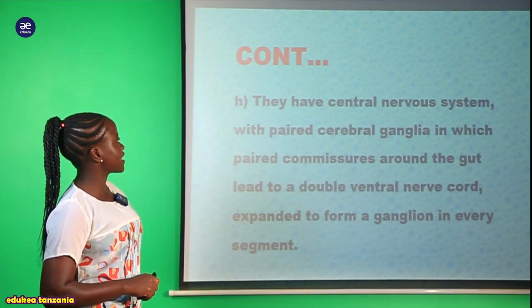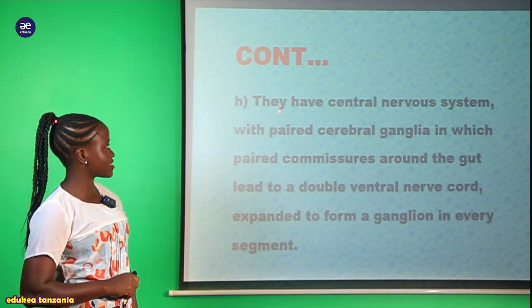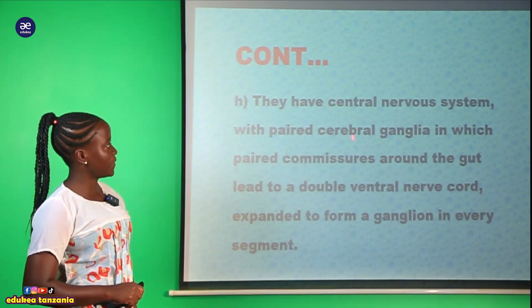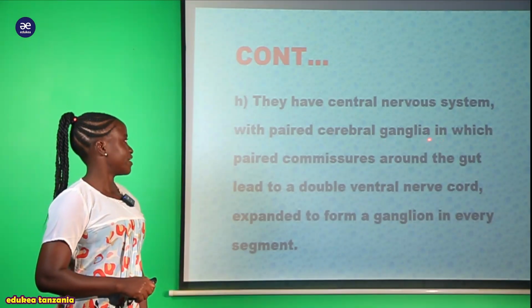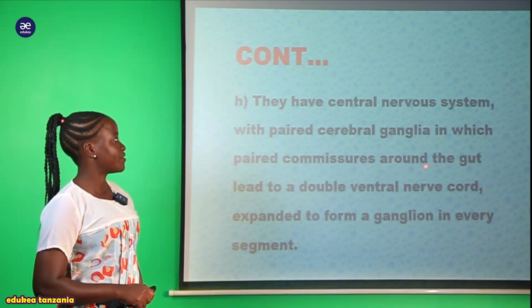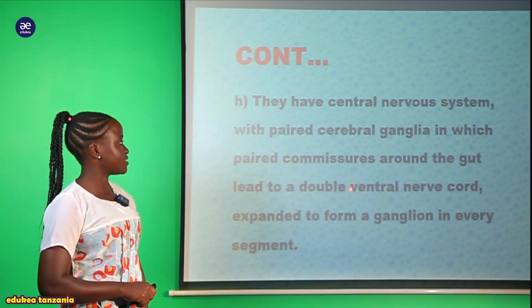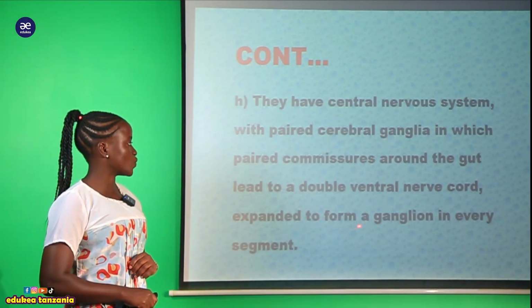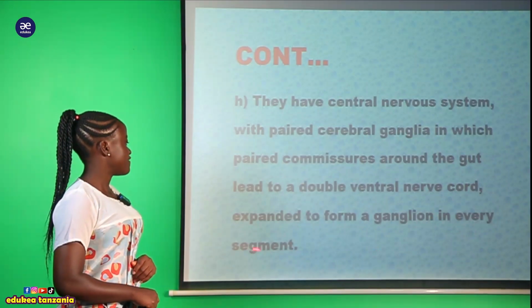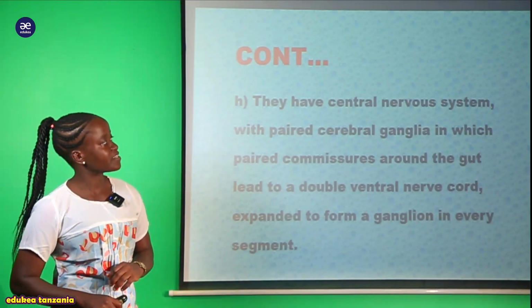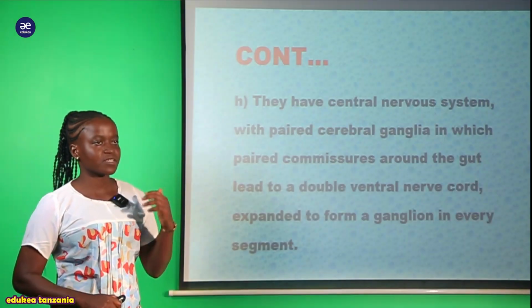Lastly, we have another characteristic: they have a central nervous system with paired cerebral ganglia, in which paired commissures around the gut lead to the double ventral nerve cord, expanded to form a ganglion in various segments.